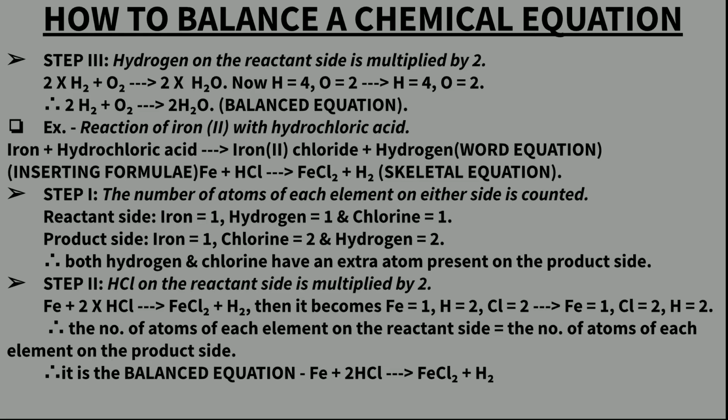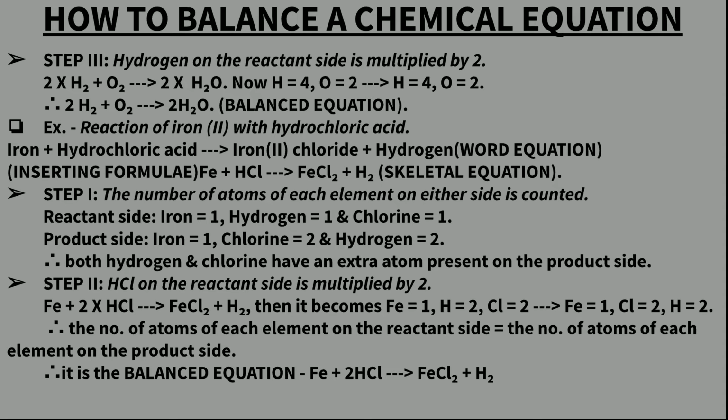Now according to step 1, we'll count the atoms on both sides, the reactant side as well as the product side. Reactant side: iron is equal to 1, hydrogen is equal to 1, chlorine is equal to 1. Product side: iron is equal to 1, chlorine is equal to 2, hydrogen is equal to 2.